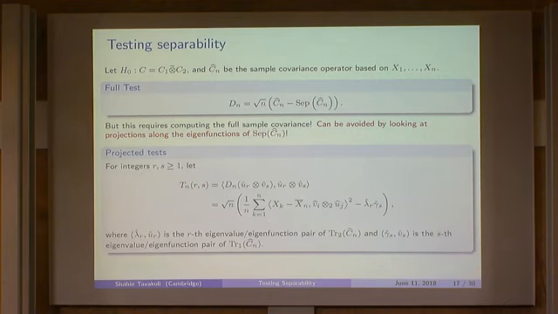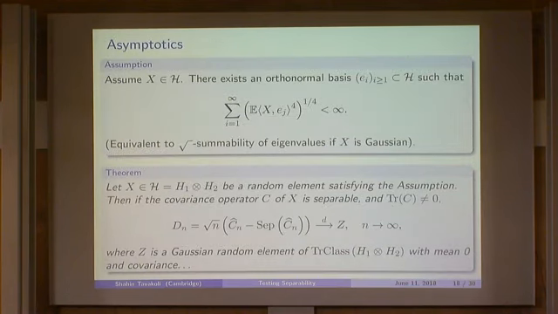Good. So I have this general test, and now I have the projections. And under some assumptions on the random function x, I can have that this Dn converges in distribution to a random element that is Gaussian.